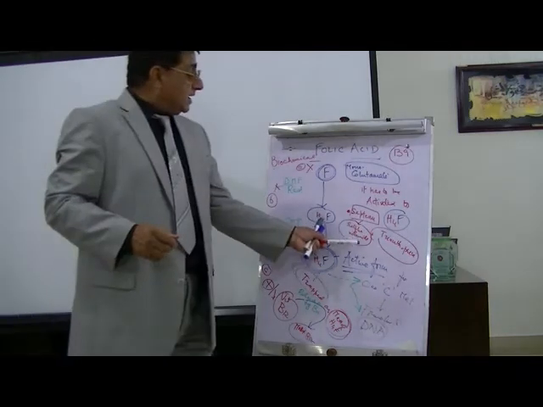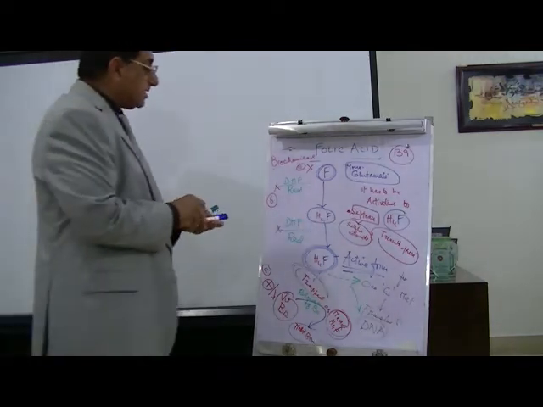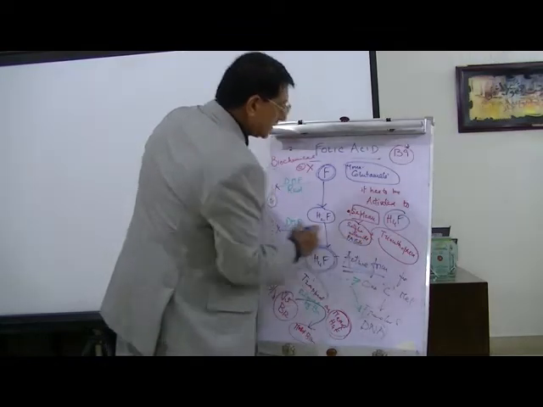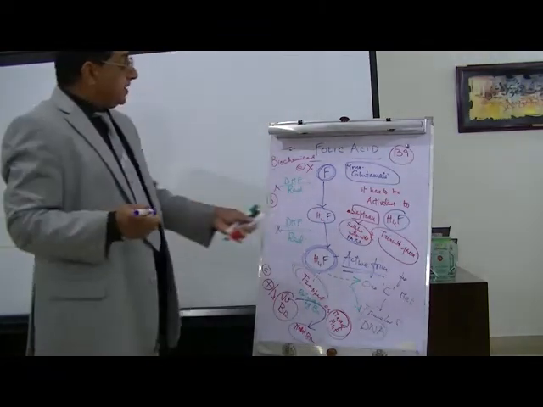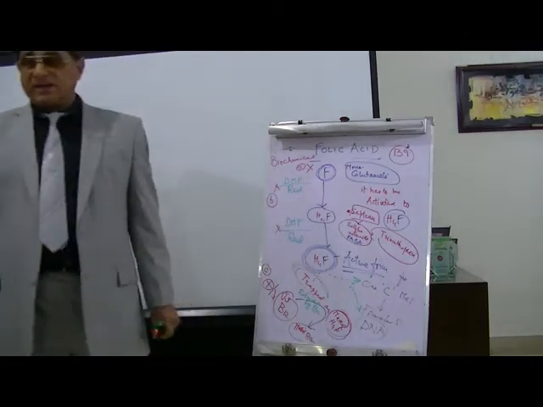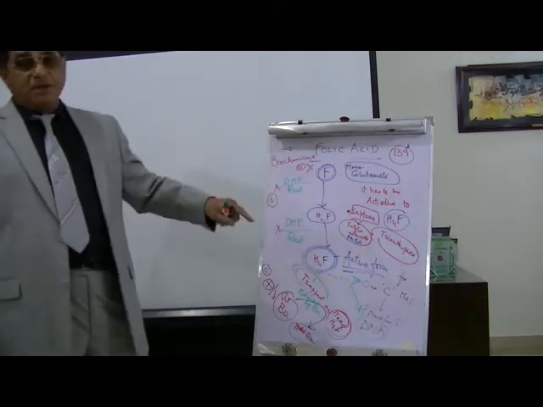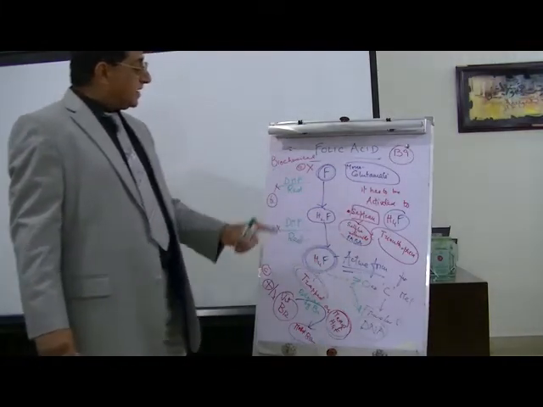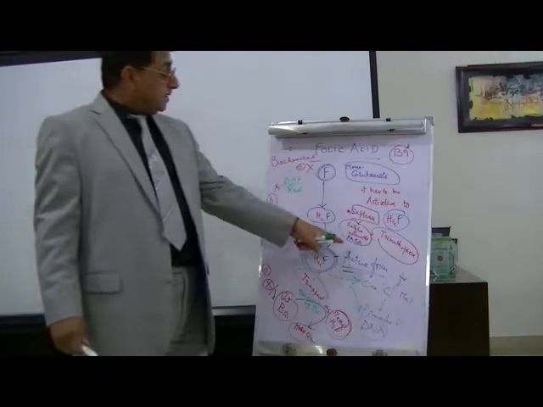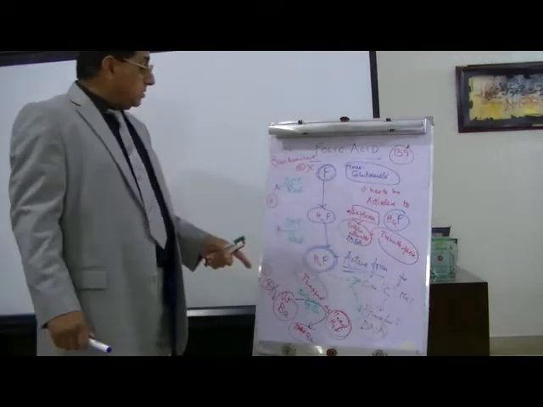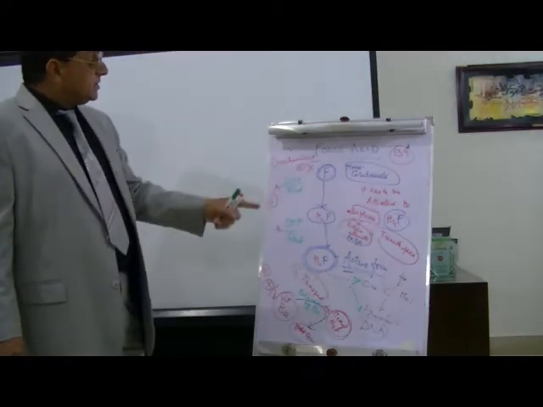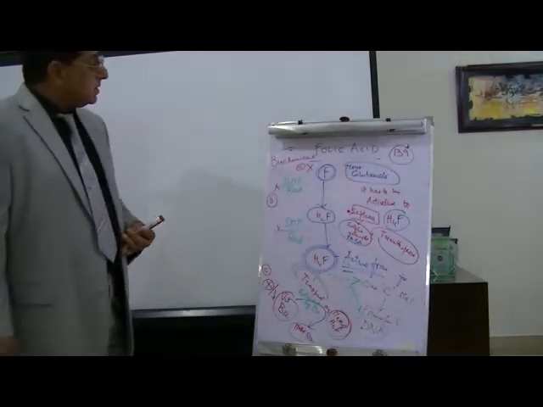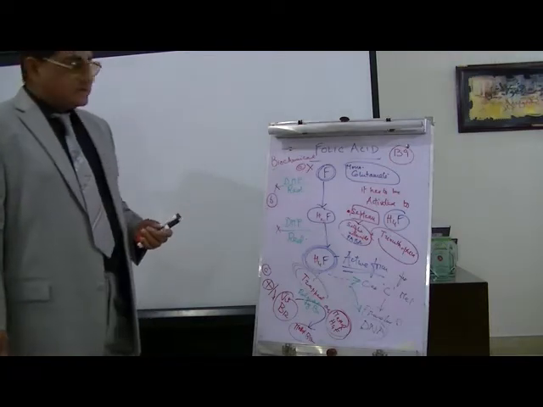Now sulfanilamide is a competitive inhibitor of PABA. And you know, PABA is a component of folic acid. I told you, pteridine plus PABA plus glutamic acid. So if you give Septron, the sulfanilamide will resemble PABA, and so it competitively inhibits the production of folic acid, right?